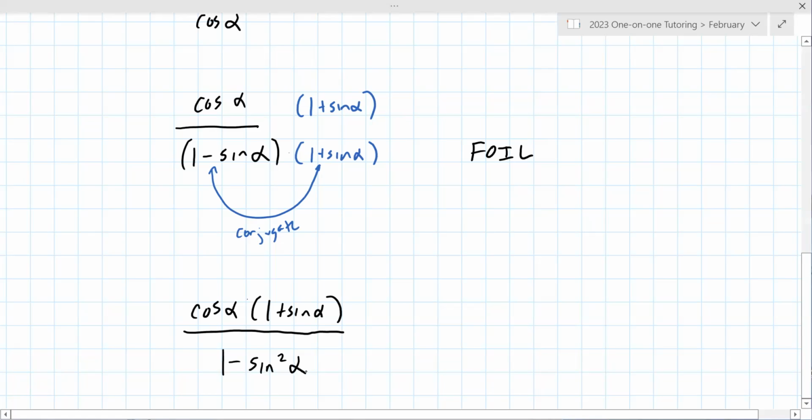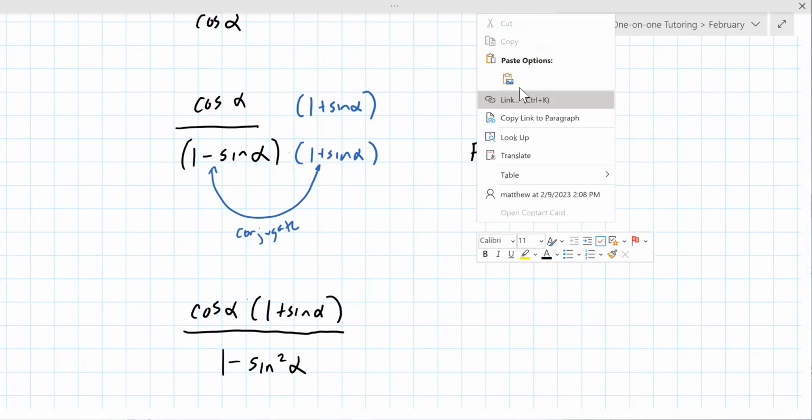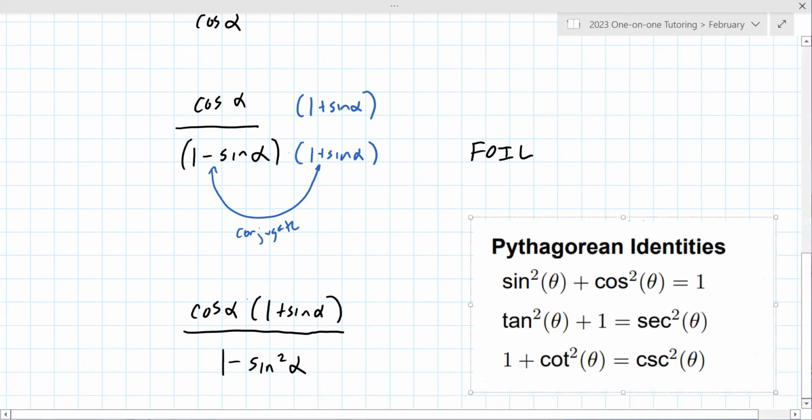Oh, yeah. Okay. Now, whenever you see a squared, you should think identity. Pythagorean identity. I don't have the cheat sheet up, but I'll snip those in. Here we go. Okay. Which of these are you going to use?